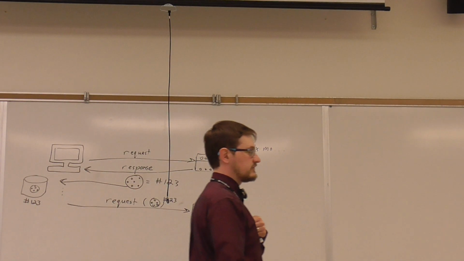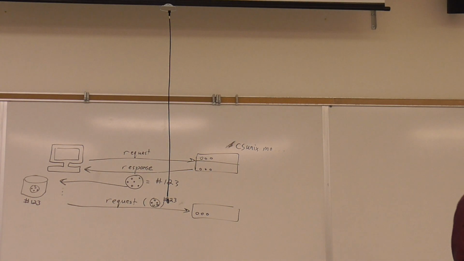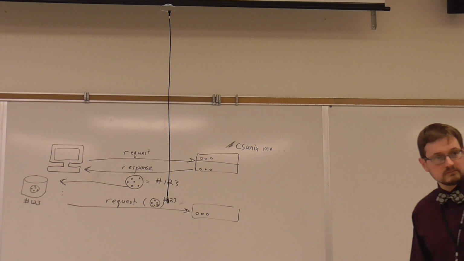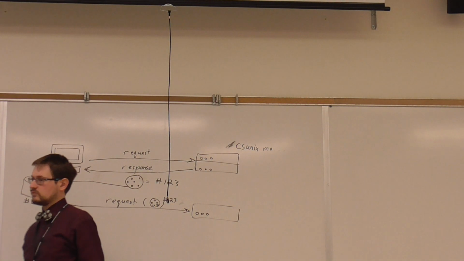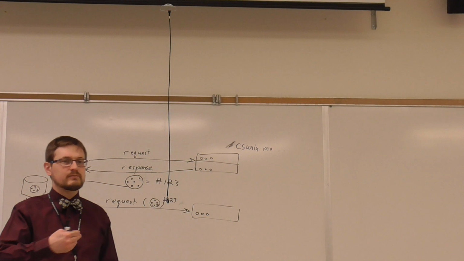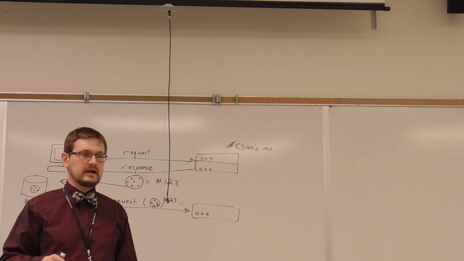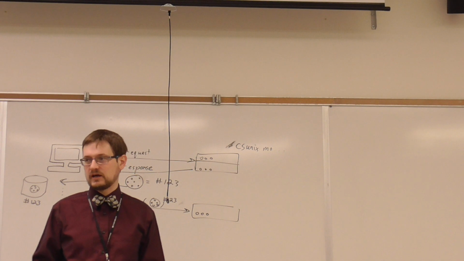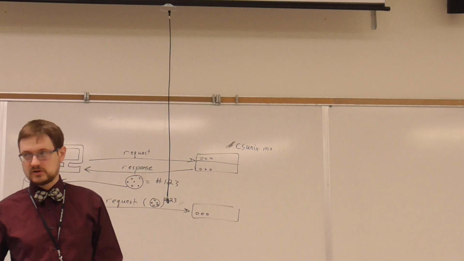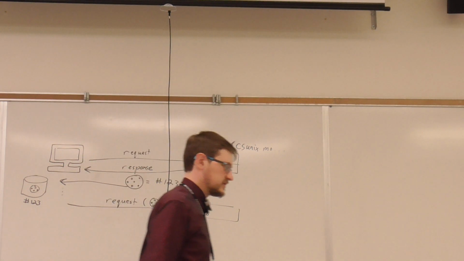You issue an identification number to a client when that client successfully logs in, and then that identification number is sent back every time that client requests something else. So the server is like, yeah, okay, you're this person who is currently logged in.